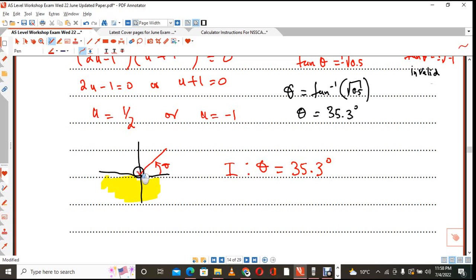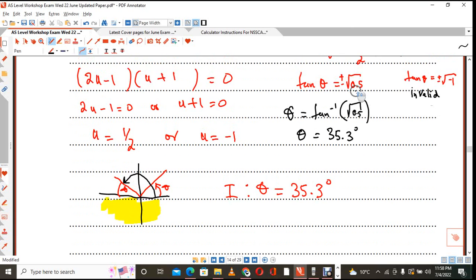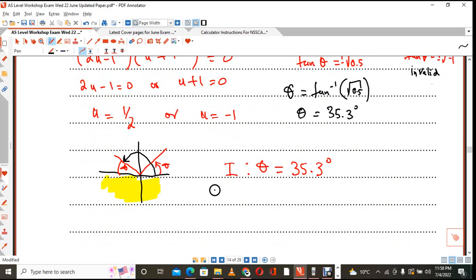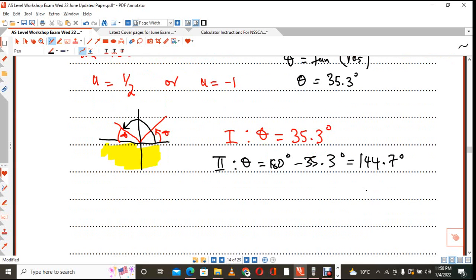And also in the second quadrant, the angle is obtuse, and in that particular angle the ratio will be negative from our previous work there. Good, so that means in the second quadrant theta will be 180 degrees minus 35.3 degrees, which will give you 144.7 degrees. So an answer which rounds to any of those will therefore be acceptable.